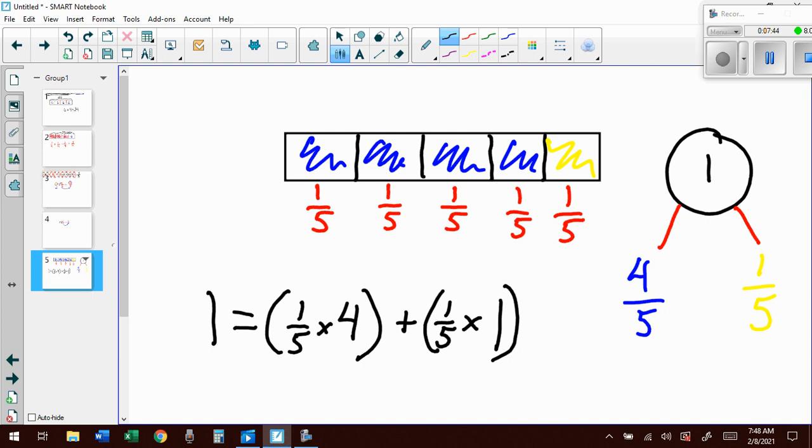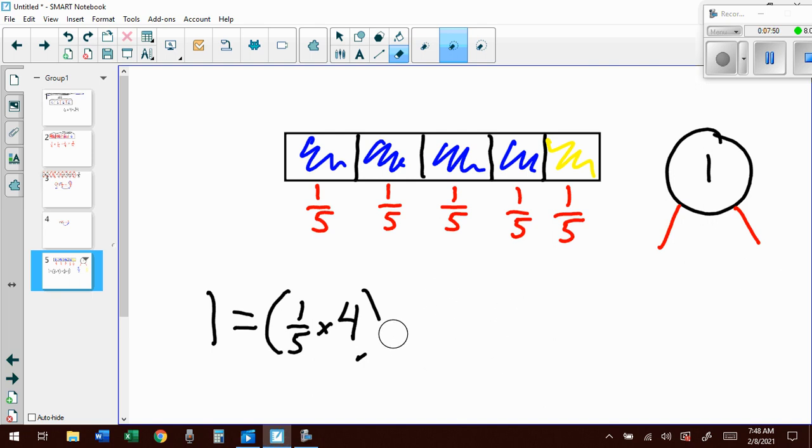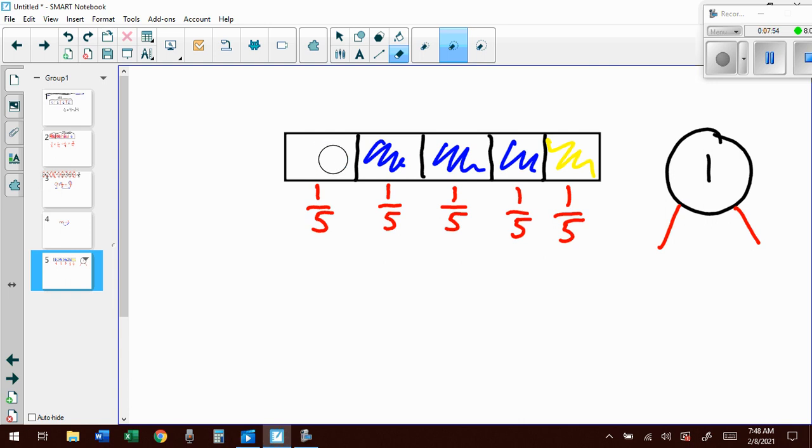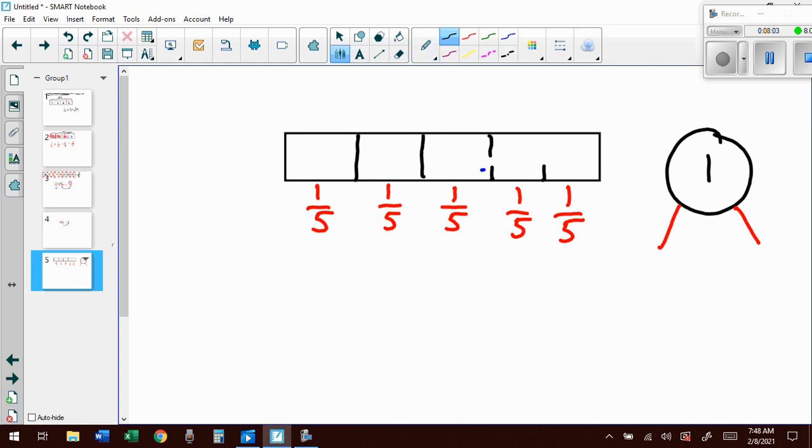Or if we were going back to 3 plus 2, I mean, I guess it's technically correct, but it doesn't do you any favors to do 5/5 times 1 and 1/5 times 0.